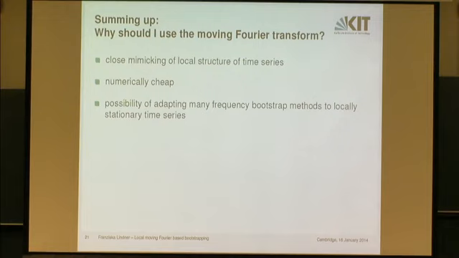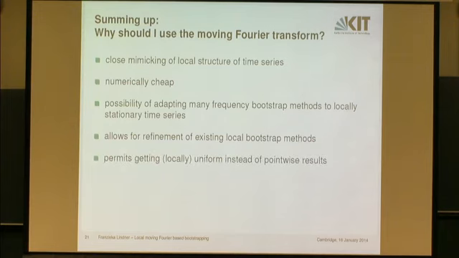We can also refine some existing local bootstrap methods. And what's more, we can even get uniform, at least locally uniform results instead of just pointwise results. And we even assume that it's possible to correctly bootstrap spectral mean statistics using the moving version of the wild hybrid bootstrap.